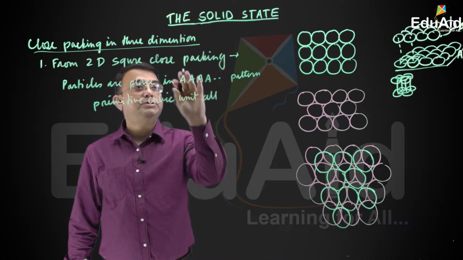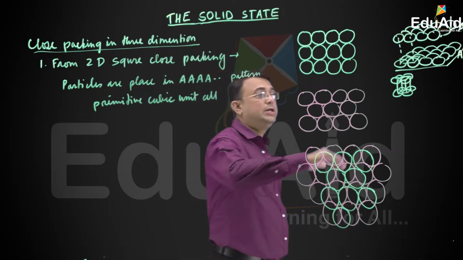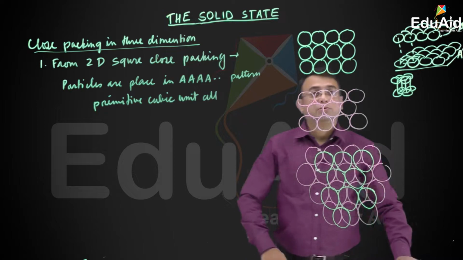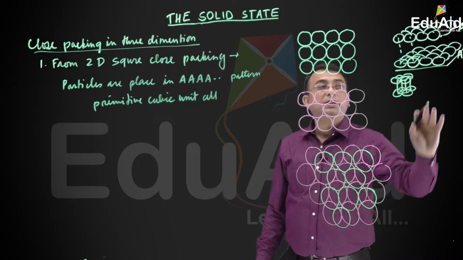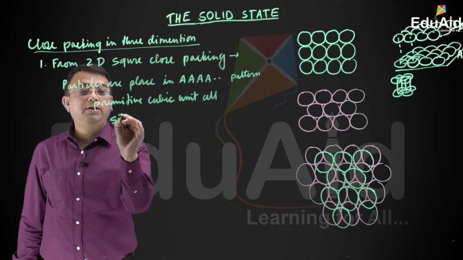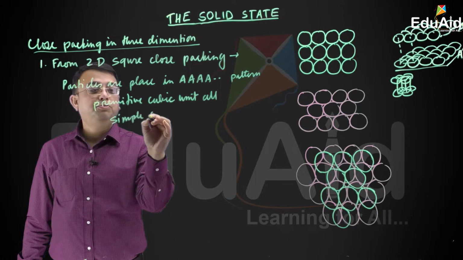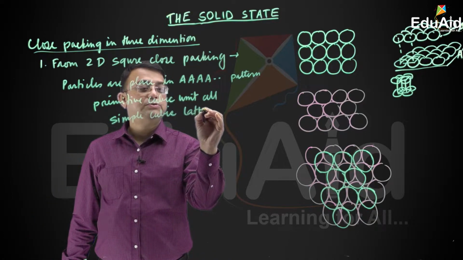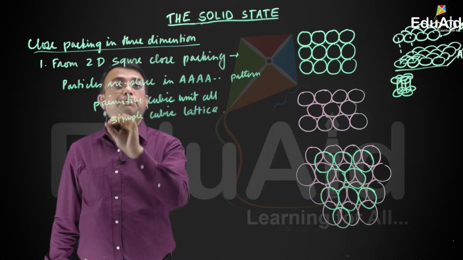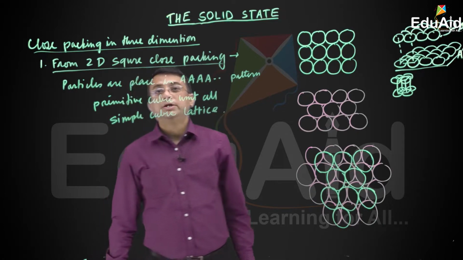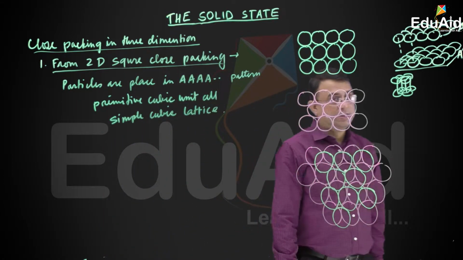So this type of arrangement has a primitive cubic unit cell in which the particles are arranged in a closed packed structure in this form, in an AAA pattern, which is commonly called simple cubic lattice. So this first type of arrangement is simple cubic lattice, and simple cubic lattice is the first two-dimensional square closed packed structure. All right.